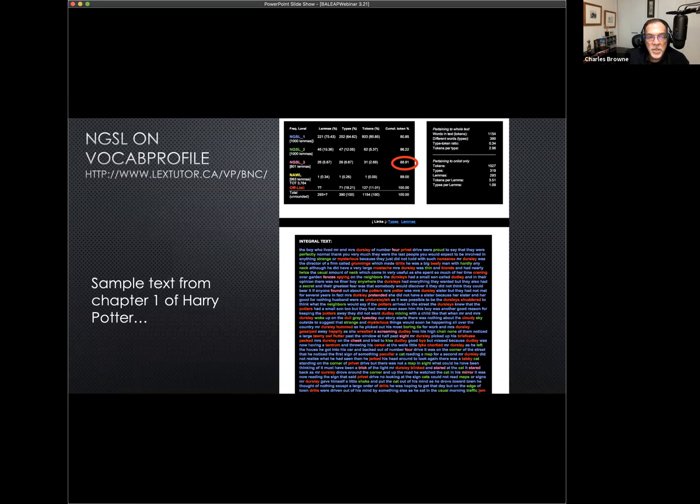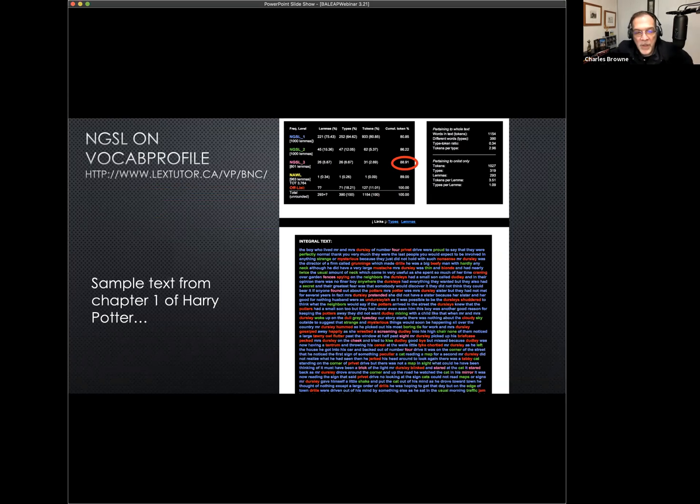The first, NGSL1, are the blue words. NGSL1 means the first 1,000 most frequent NGSL words. You can see that gives about 80.85% coverage. NGSL2 is the green words, which brings it up to 86. And NGSL3 brings it up to 88. And then the red words are the words that are supposedly difficult for students.